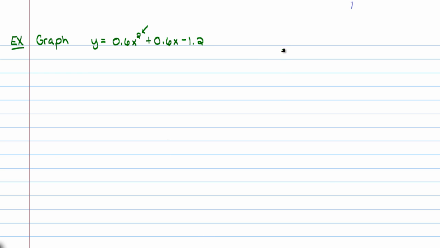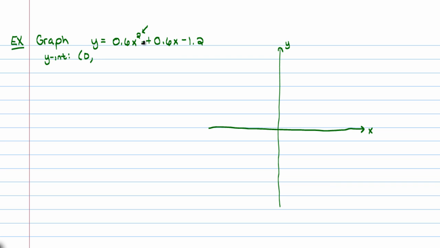So let me give a set of axes here. I have no idea right now where the y-intercept is, but since I know it's a parabola, it's got to hit the y-axis, so I'm going to ask myself what the y-intercept is. And that means let x equal 0. Well, when x is 0, the first two terms disappear, and the y-intercept turns out to be -1.2.